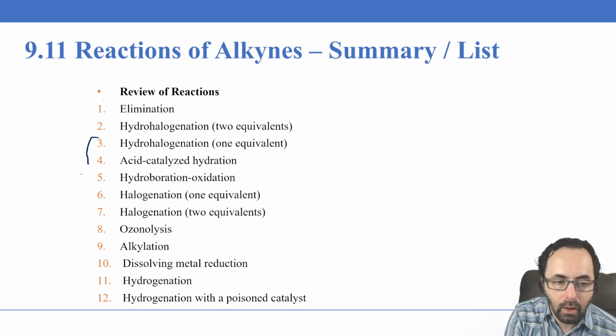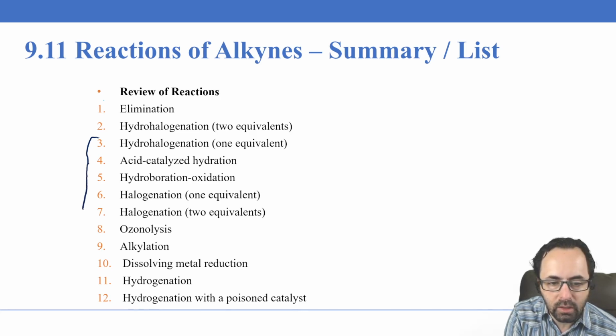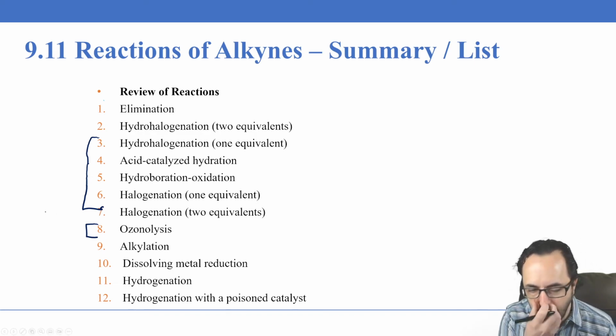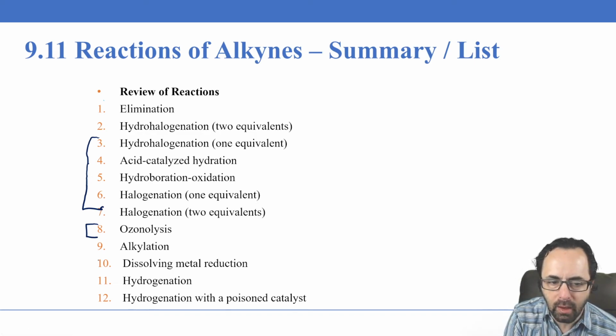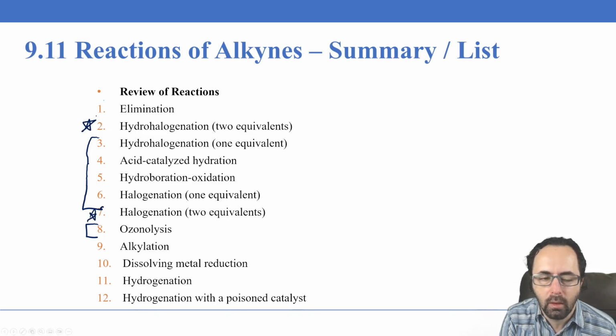But we did hydrohalogenation, acid catalyzed hydration, hydroboration-oxidation, halogenation with one equivalent or two, so two equivalents is new. And then ozonolysis. So these were kind of the old reactions. We just did not do them with two equivalents.